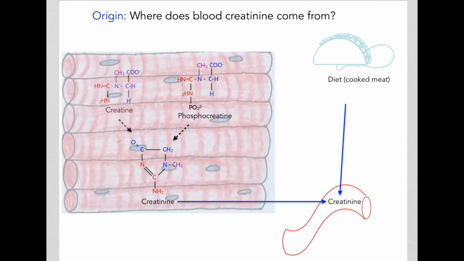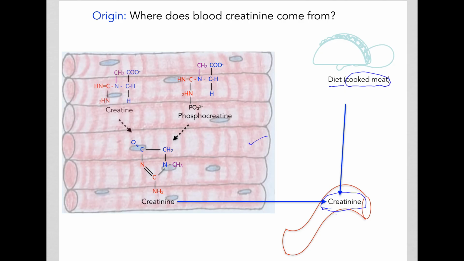So the origin of creatinine: where does the creatinine that we see in our serum come from? Well, one source is the diet. Cooked meat has creatinine. The other source is from the muscles.